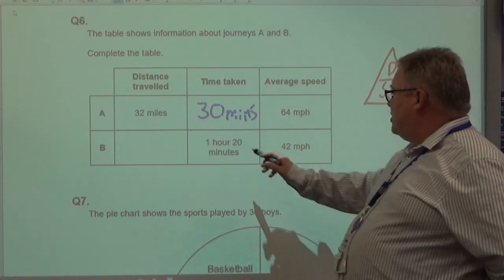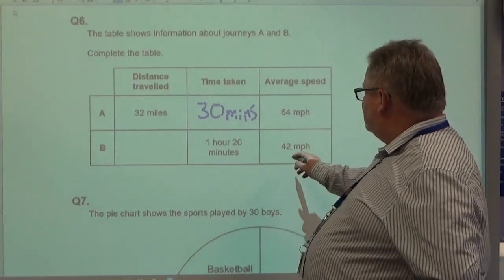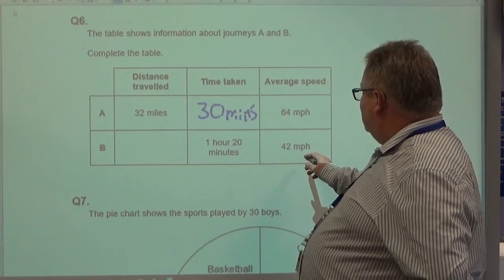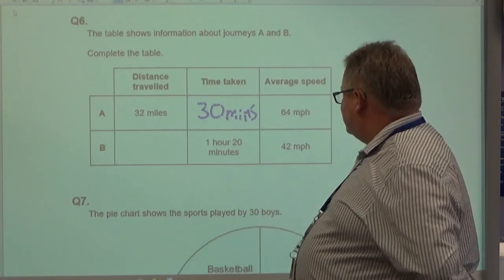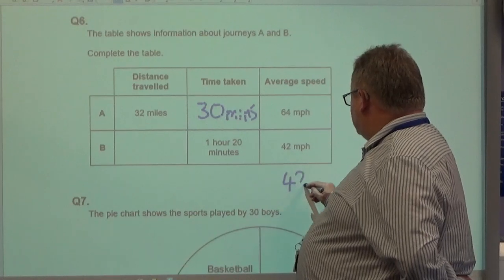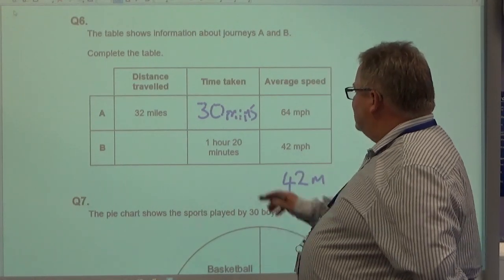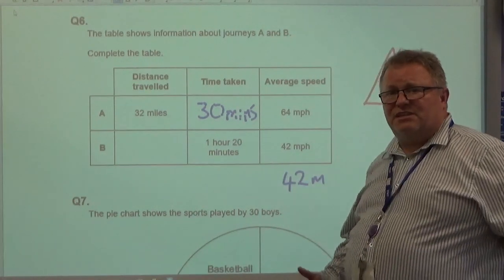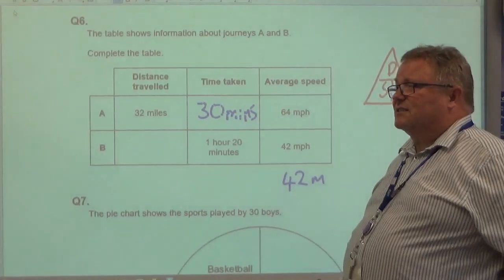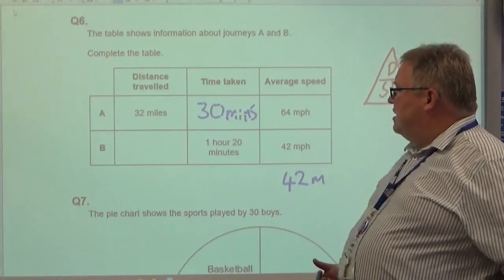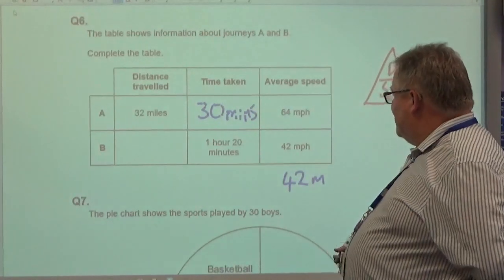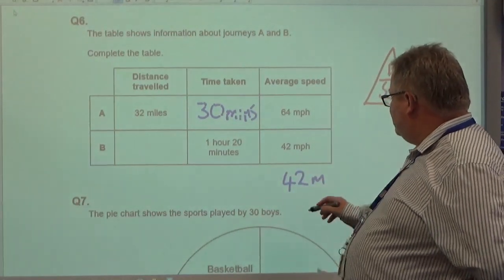So looking at this one again, if the average speed is 42 miles an hour, then in 1 hour it's going to travel 42 miles. And actually we've got 20 minutes. Well, 20 minutes, if you think about it, is a third of an hour. So a third of 42.